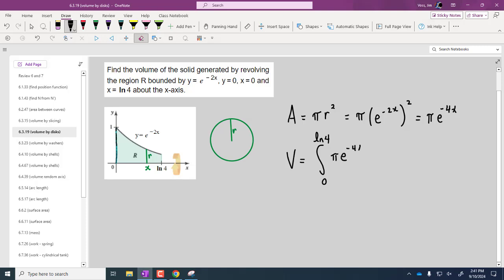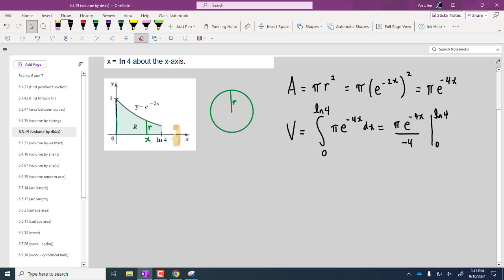This is not just a power rule. So the antiderivative of an exponential is itself, and then divide by negative 4. The derivative of the exponent is minus 4. This is called reverse chain rule, so then we're going to divide by that, and we will go from 0 to natural log of 4.